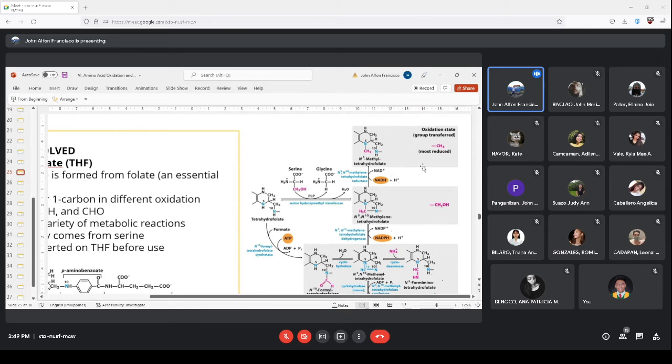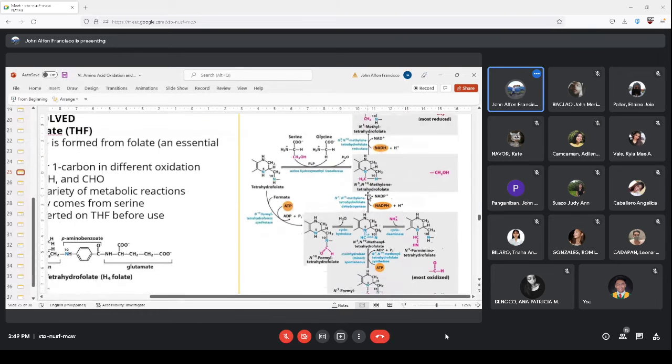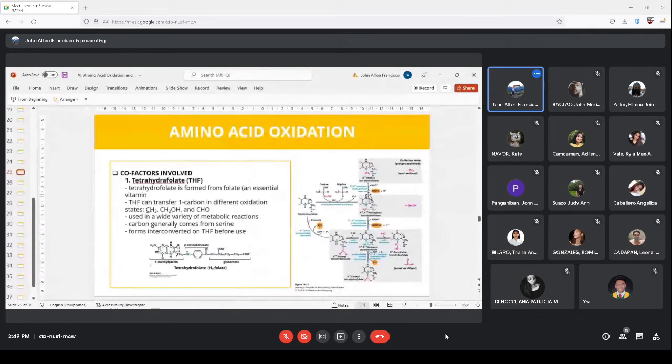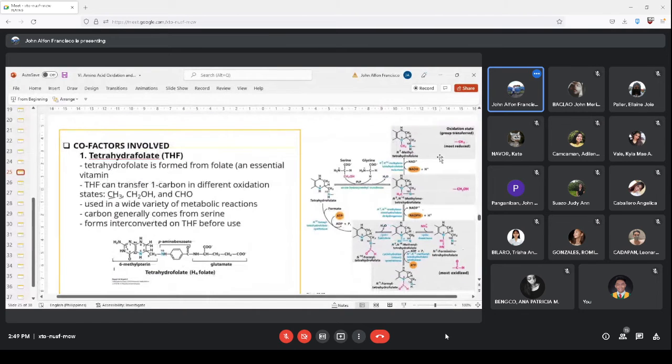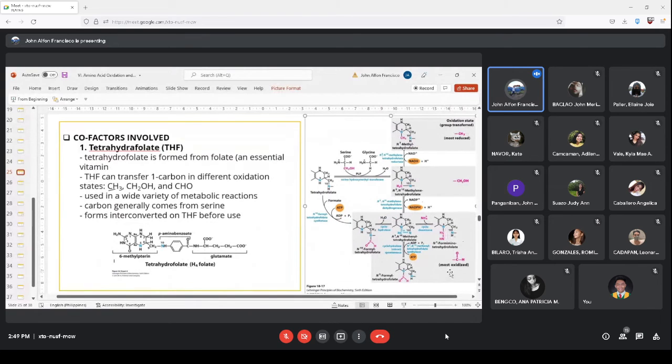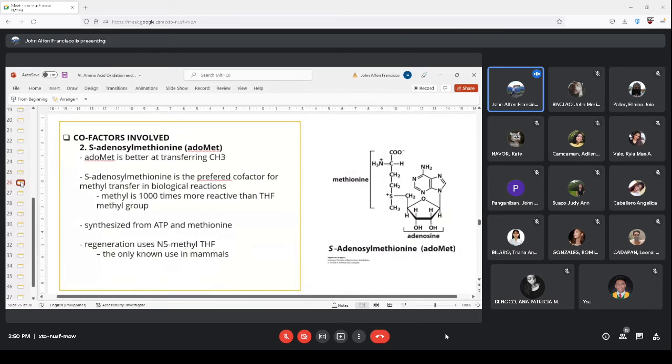Depending on the need of the amino acid, it can give off the methyl, the alcohol, or the aldehyde. It depends on the need of the process.